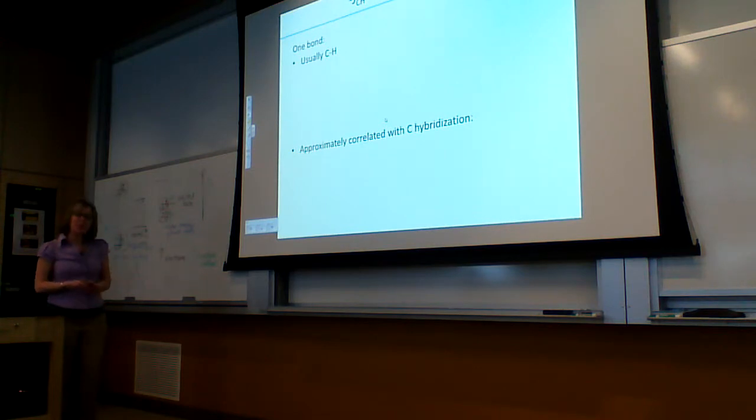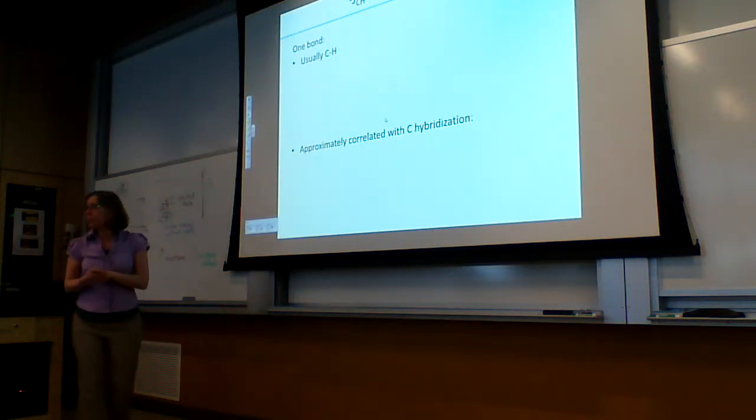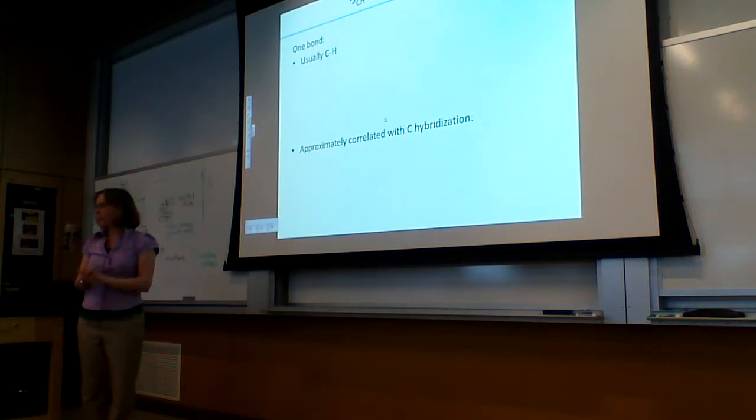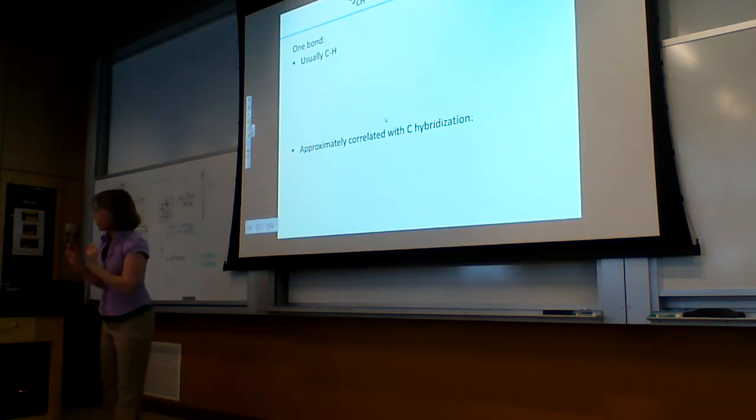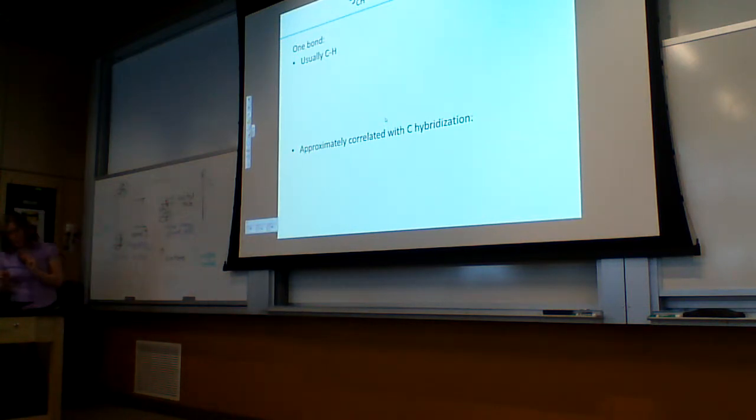This is not a coupling we see as often because we don't do the proton decoupled, and so it's only when we have a direct attachment between a carbon and a hydrogen, and we may see it in the proton NMR. And the main thing I want you to take away from it is that the JCH is going to be approximately correlated with the hybridization of the carbon that's in the bond.